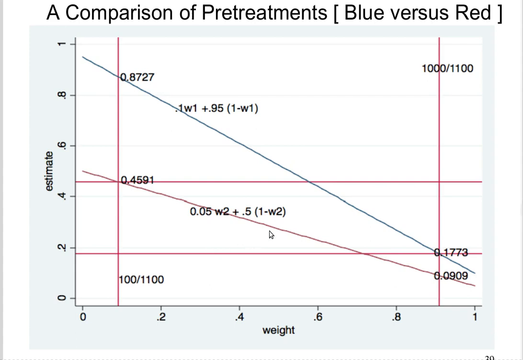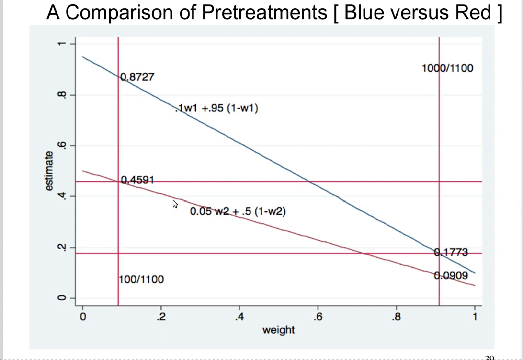In other words, the success rates for pretreatment 1 are always better than pretreatment 2 if, for example, we were to have equal weights, say 0.5 in each, or even for any setup where we might contemplate a comparison where the weights are the same and not dramatically different.